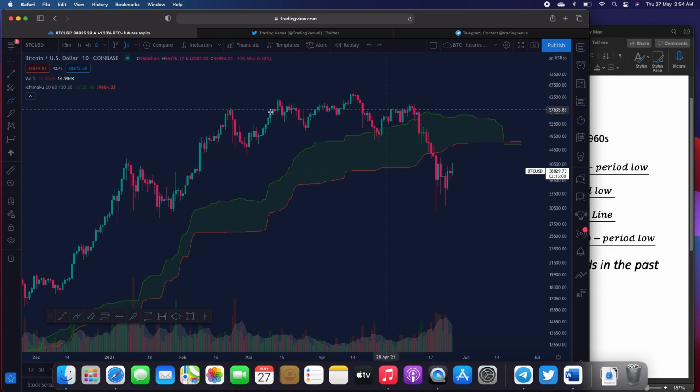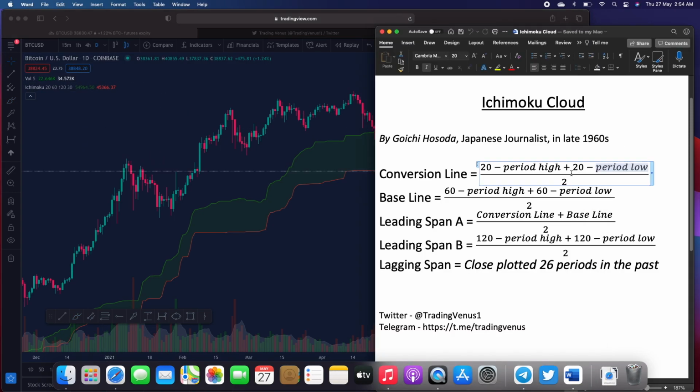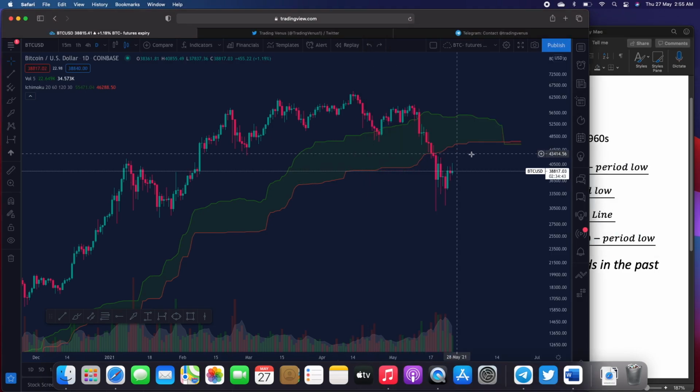So the highest high and the lowest low are calculated for a particular period, and the average is taken, and that comprises the conversion line. Similarly, we calculate the baseline, the leading span A, the leading span B, and the lagging span. These are the 5 lines that make the Ichimoku Cloud.